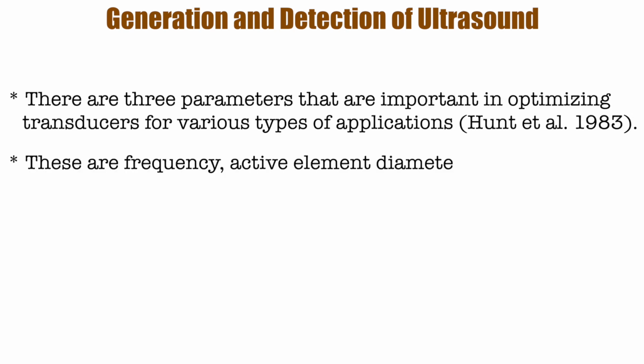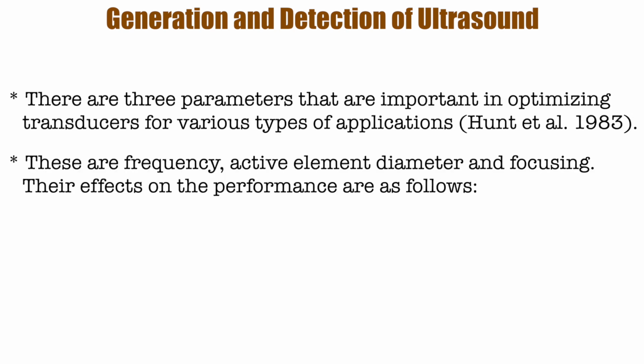There are three parameters that are important in optimizing transducers for various types of applications. These are frequency, active element diameter, and focusing. Their effects on the performance are as follows.